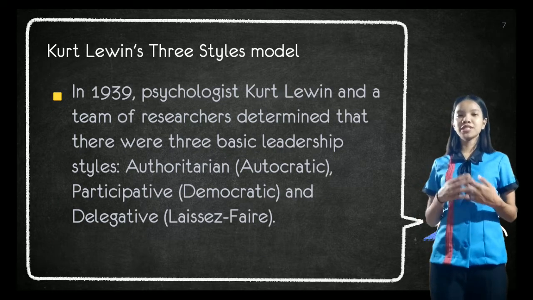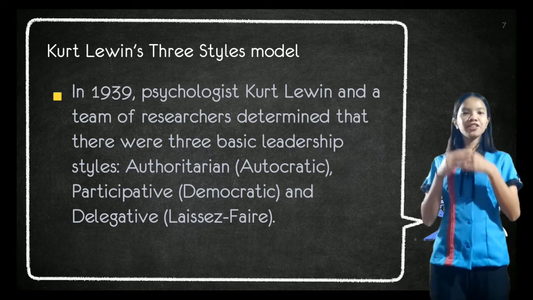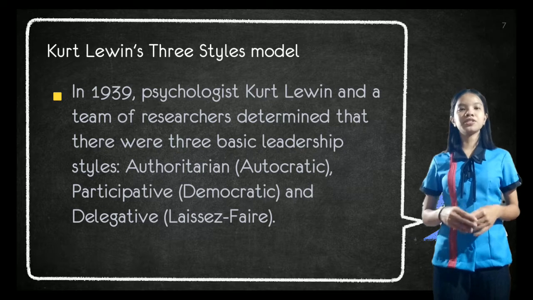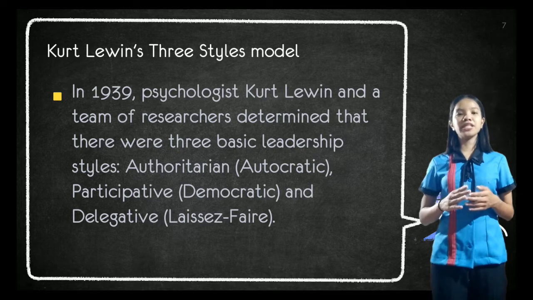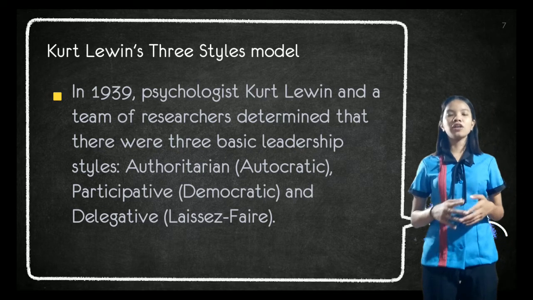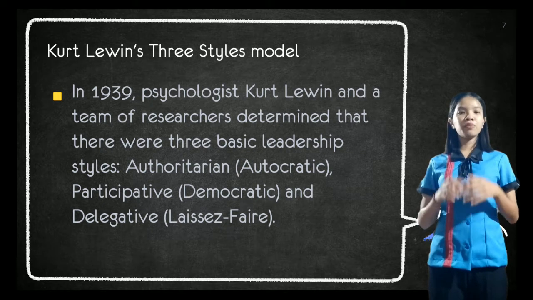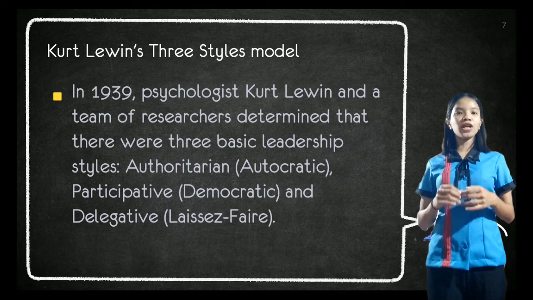Kurt Lewin's three styles model. In 1939, psychologist Kurt Lewin and a team of researchers determined that there were three basic leadership styles. These are authoritarian or autocratic, participative or democratic, and delegative or laissez-faire.